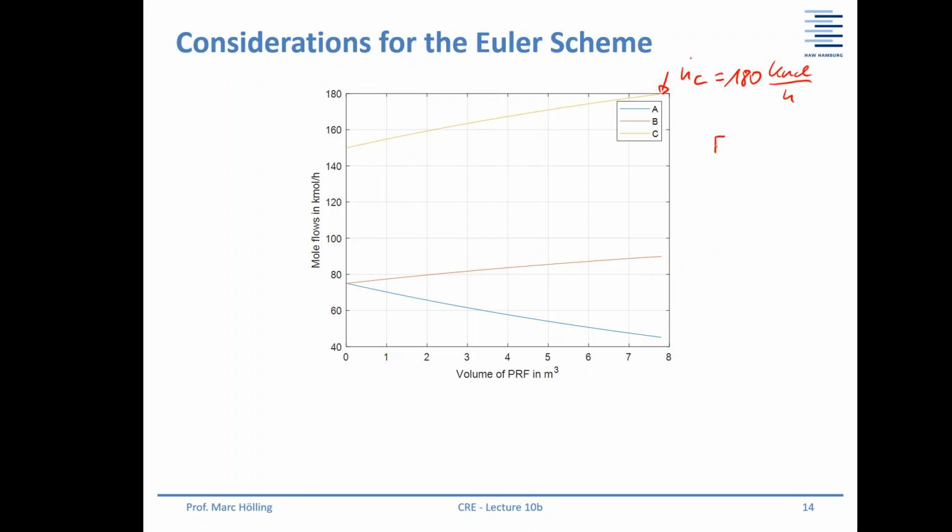You have to remember that here, plug flow reactor, R is equal to 5. This means this is here at the outlet of your reactor. And if you want to know the mole flow of component C that is really leaving the total reactor, then you can calculate it.